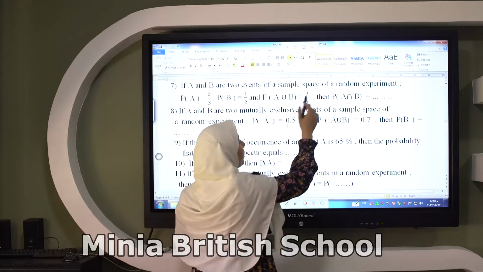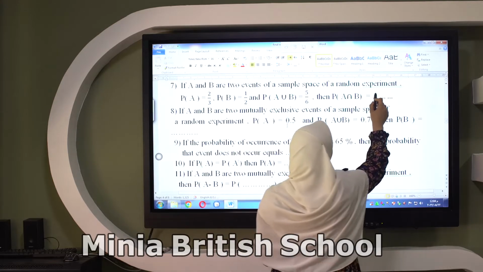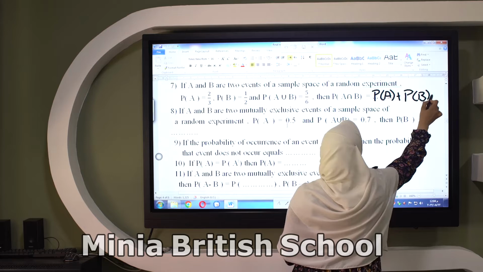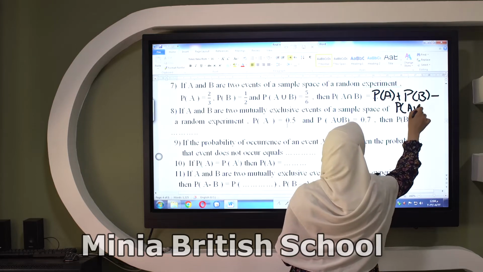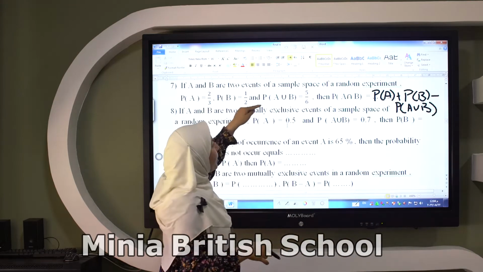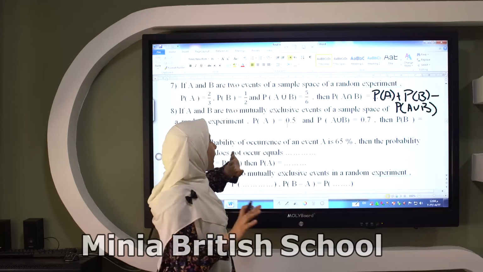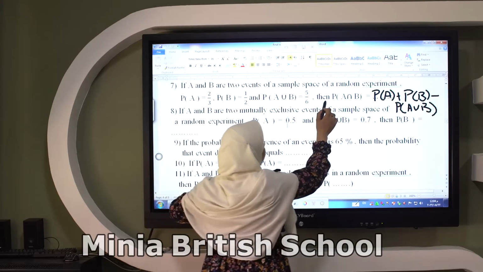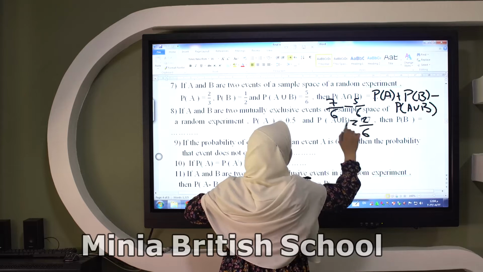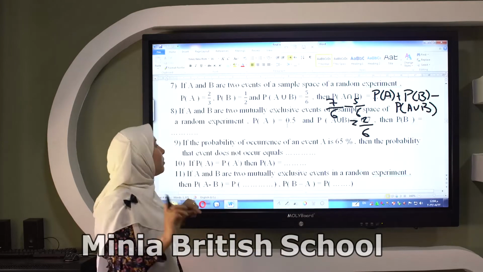So here, probability of A intersect B equals probability A plus probability B minus probability A union B. The same idea: 2/3 + 1/2 - 5/6. So 7/6 - 5/6 equals 2/6, then you can simplify.